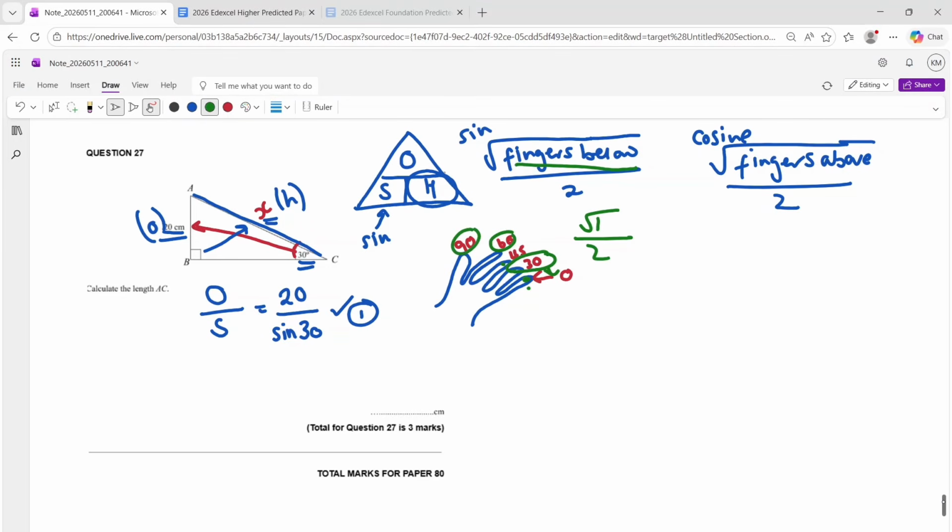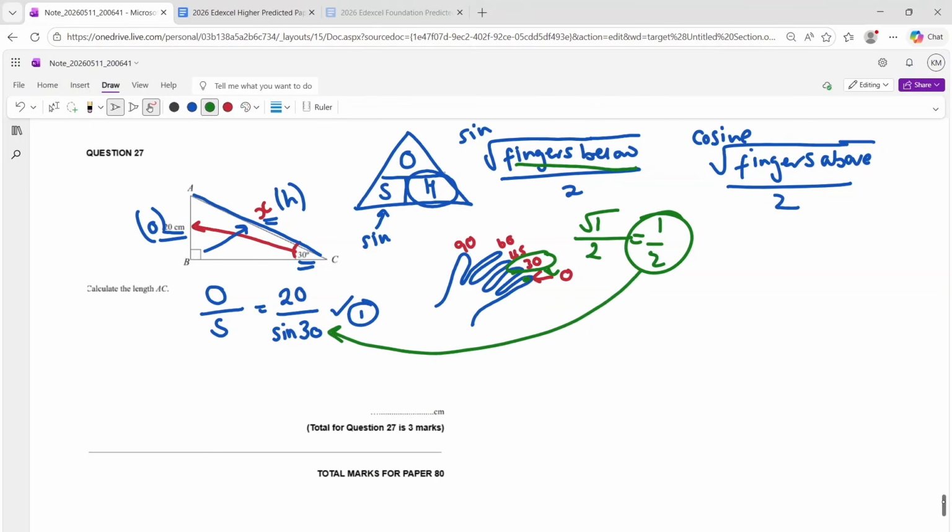If I was doing sine of 90, square root of 1, 2, 3, 4 over 2. So that's 45 would be 2 over 2. But I'm doing sine of 30. So I'm doing the square root of 1 over 2 because I've got 1 finger below my 30 finger. And the square root of 1 is just 1. So it's a half.